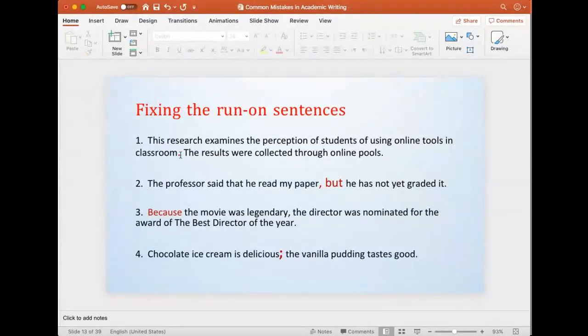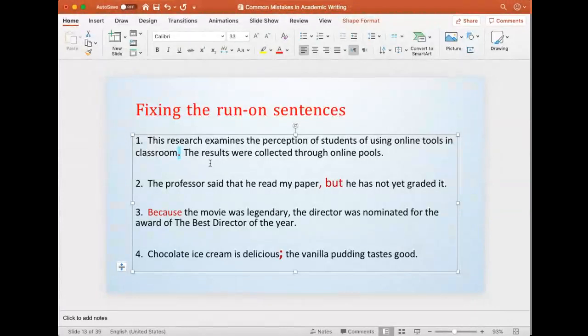So here we have full stop, and also we can use a semicolon. The second one, we added but. And number three, because the movie was legendary, the director was nominated for the award of the best director of the year. Okay, so I could use it in different ways.